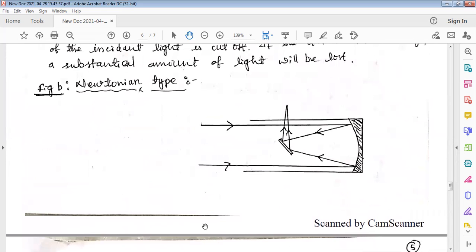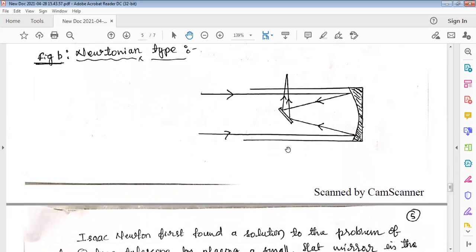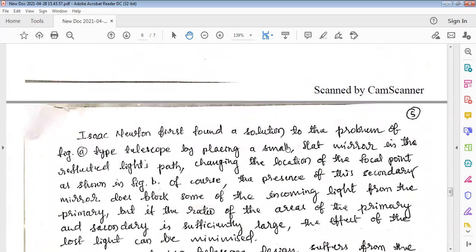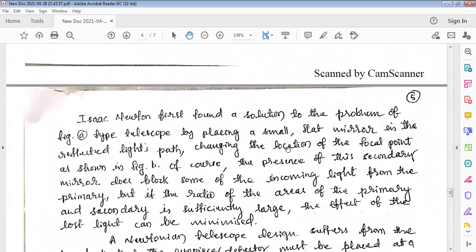That means this mirror placed by Newton is again in the path of the light rays coming from a distant object towards this concave mirror. So this blocks some amount of light rays from reaching the concave mirror, thereby reducing the energy reaching the concave mirror.